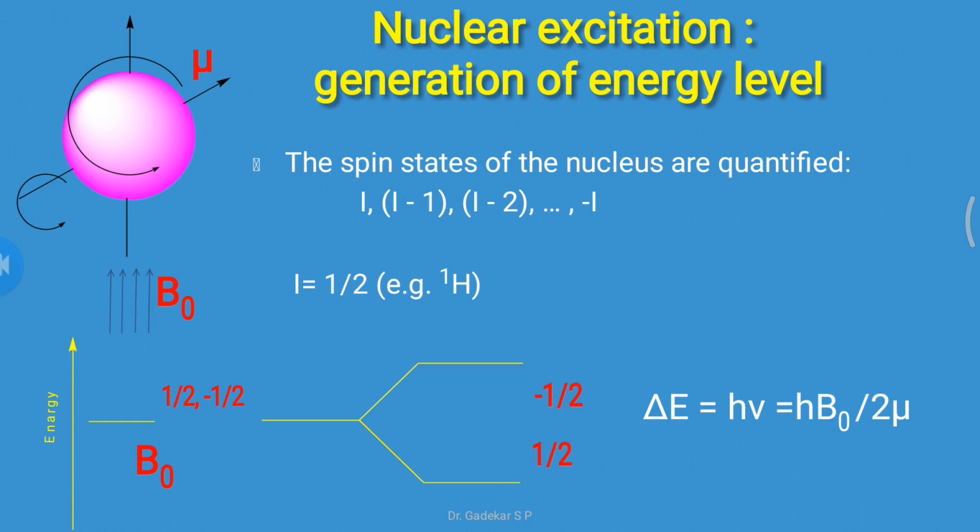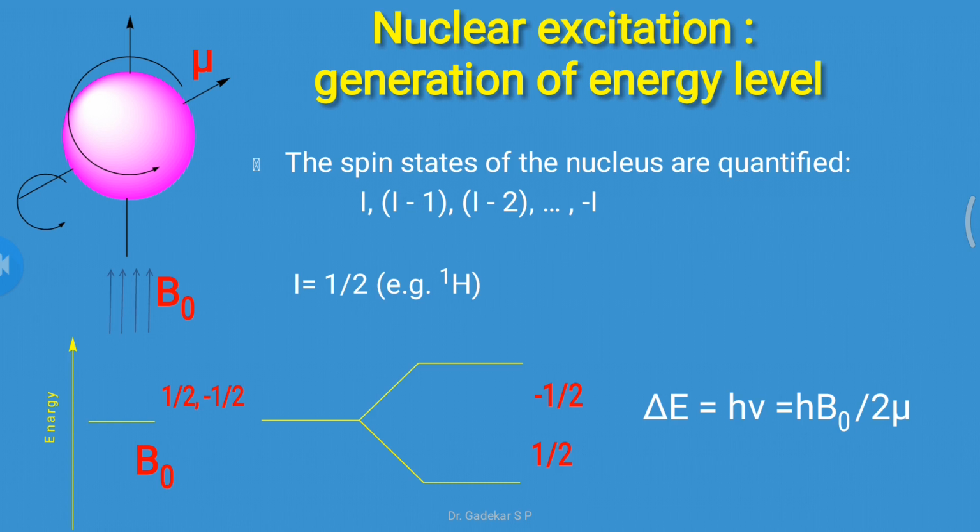Suppose we apply an external magnetic field and it has spin plus one half or minus one half. So they split from a lower energy level to a higher energy level: plus half is the lower state and minus half the excited state.